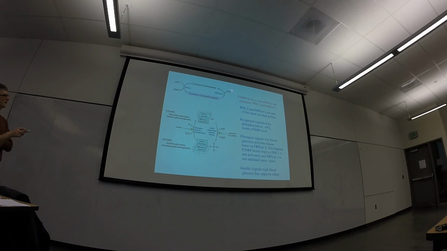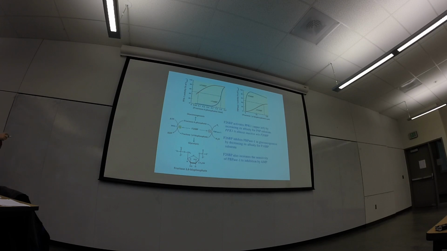If this is phosphorylated, then FBPase2 is active. So if it's active, you're getting less of this and more of this. So if there's less F26BP, then the gluconeogenesis enzyme is active.